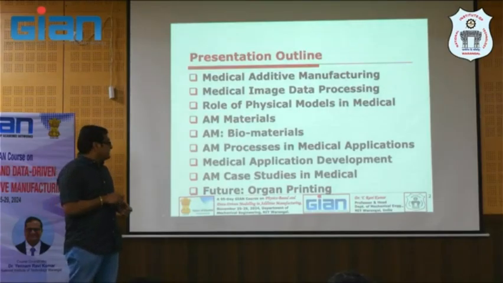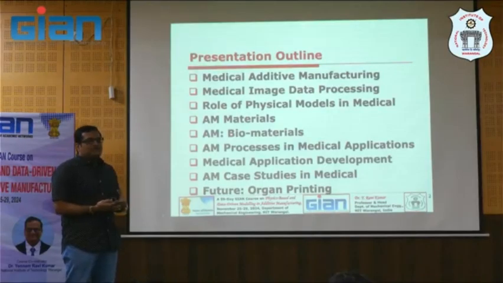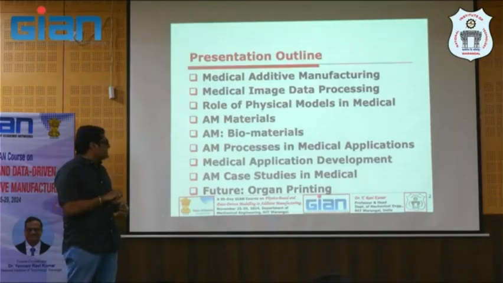Not all engineering materials are qualified for bio applications. Among the qualified biomaterials, another constraint is that they should be additively manufacturable. You want to create an interface between additive manufacturing and medical applications, so we'll see the biomaterials that can be additively manufactured.